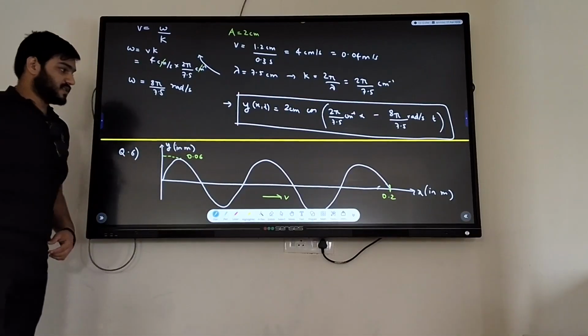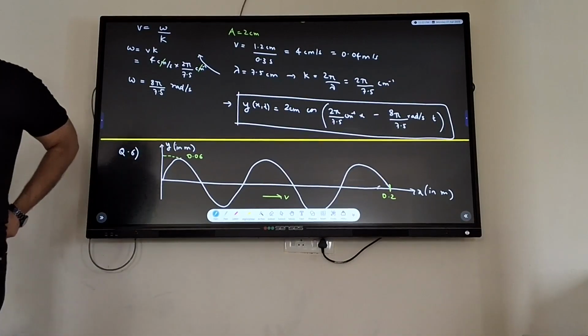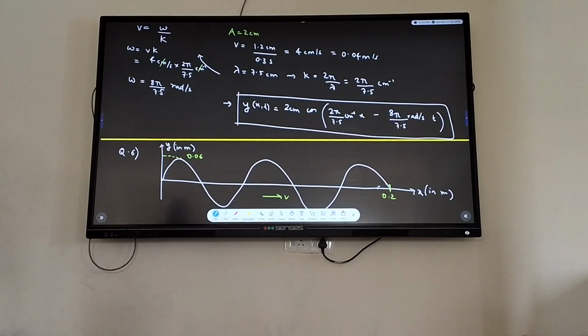Again, this is the diagram, or write the wave function.